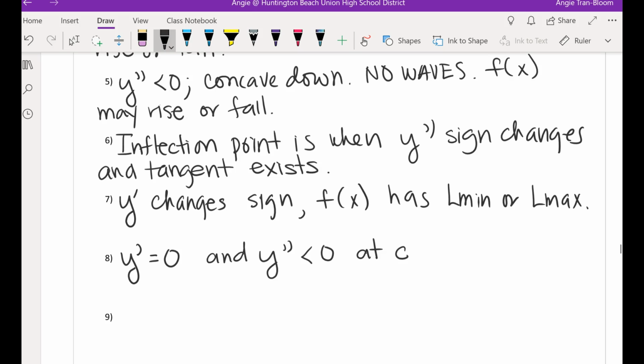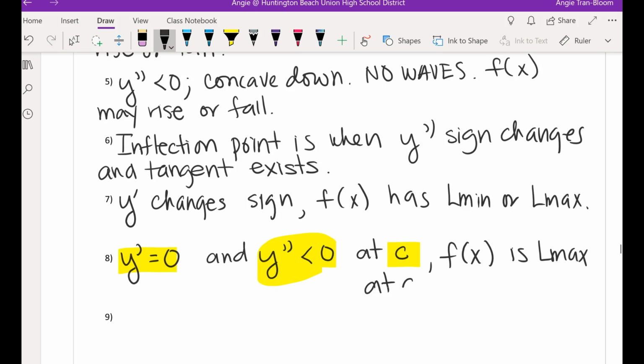What are we talking about here? Min, right? Min or max? If it's less than 0, we're talking about a max. If the double derivative is negative and the derivative exists at a particular location, not an interval now, a particular location, we're talking about a max, okay?